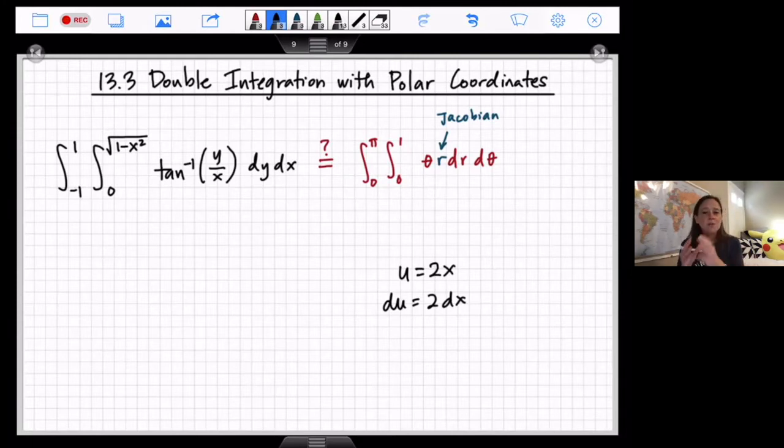That 1/2 was the extra little bit that got kicked out by changing variables from x's to u's. Likewise, when we go from dy dx, rectangular coordinates, to polar coordinates, what gets kicked out is this extra little r. And if you're interested in why it's an r instead of an r squared or a theta, your book goes over that. But all you have to remember is anytime you convert from rectangular coordinates to polar coordinates, dy dx or dx dy changes to r dr d theta.